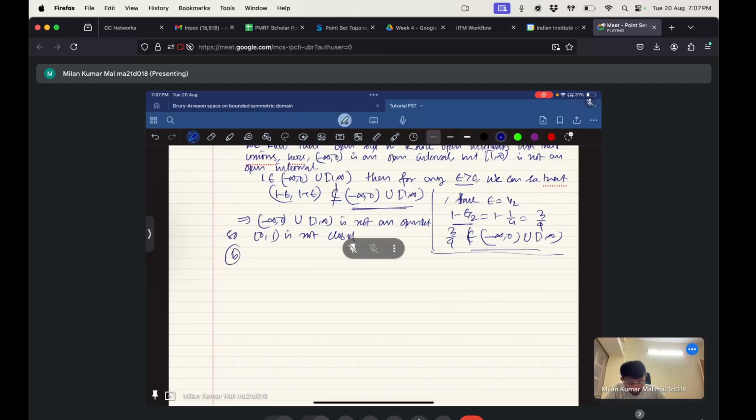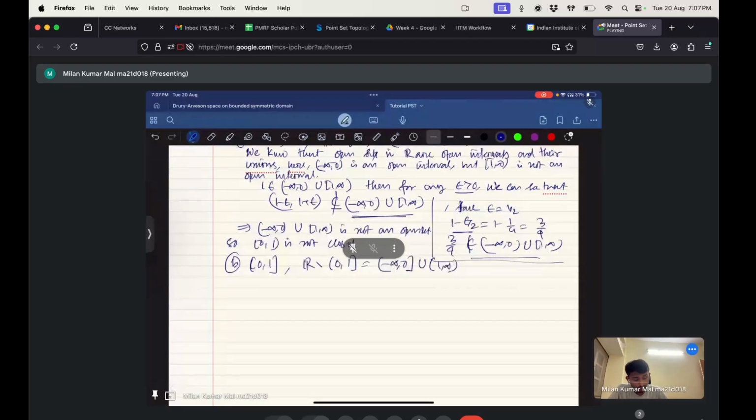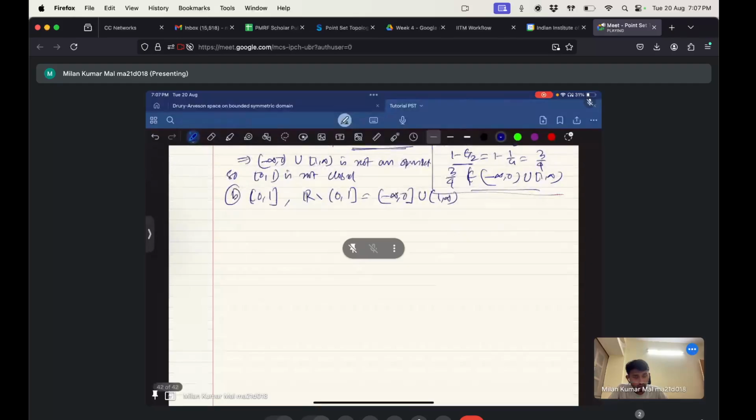Whatever I have done for the point 1, we can do the same thing here. Let's take R minus [0, 1], which equals (minus infinity, 0) union (1, infinity). Whatever we have done for 1, we can do for the point 0.